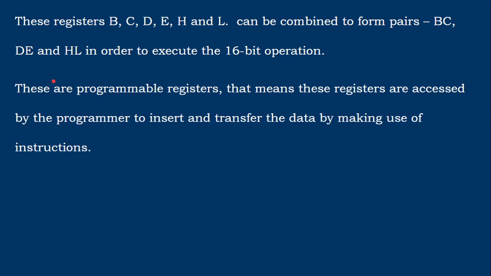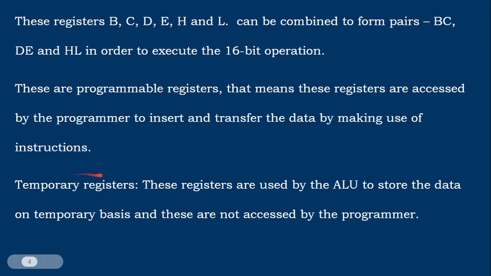These are all programmable registers. What does programmable register mean? The programmer can use the register for programming. That means these registers are accessed by the programmer to insert and transfer data by instructions. Temporary registers are used by the ALU to store data on a temporary basis, and they are not accessed by the program.